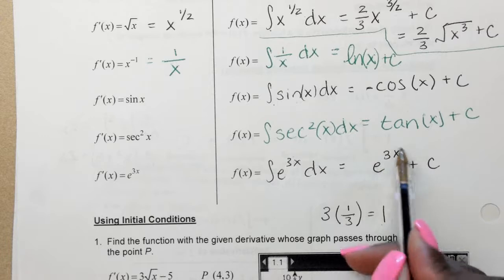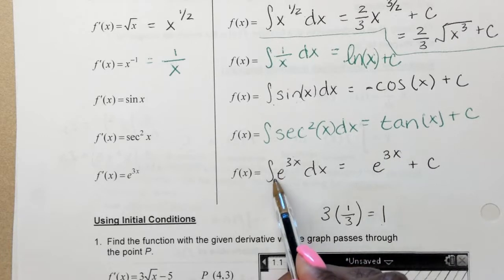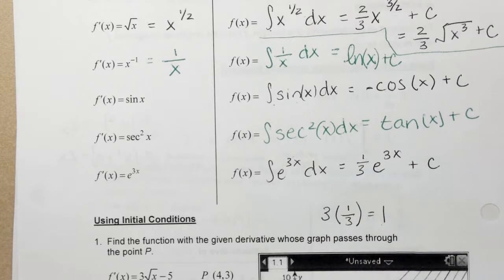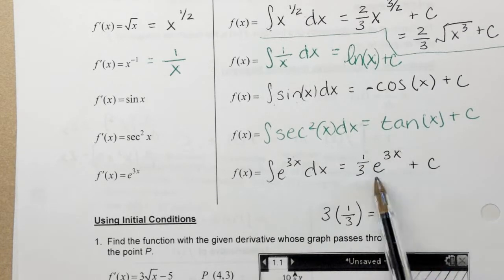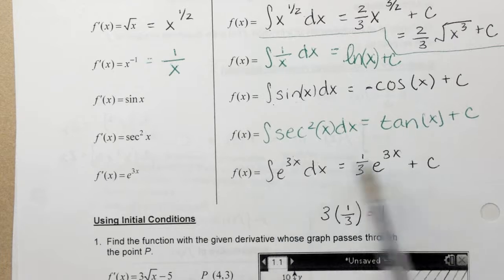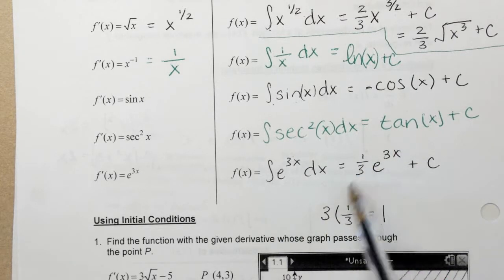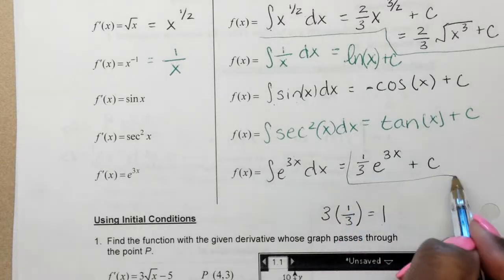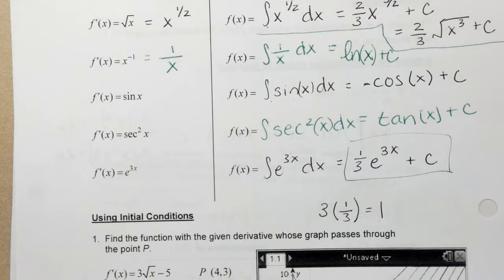So we need to have a 1/3 up front. Now when we take the derivative of e to the 3x, we get e to the 3x, and when we take the derivative of 3x, we get 3. When we multiply that by 1/3, we get 1, which is the coefficient that we wanted. So this is the anti-differentiation of our original derivative.